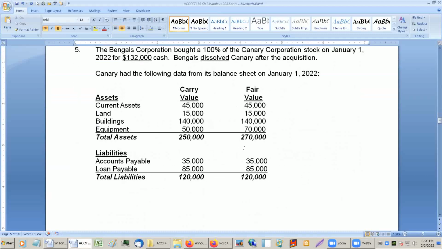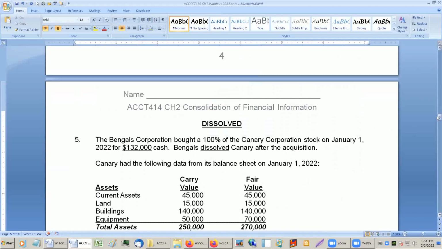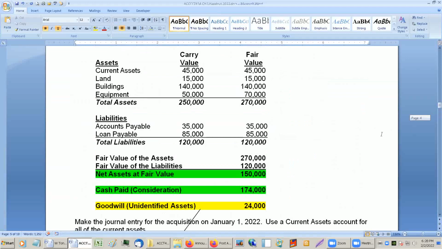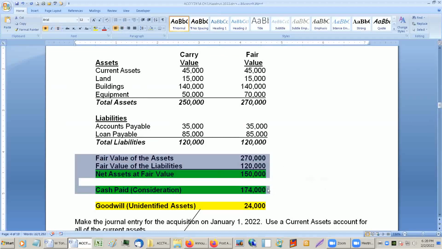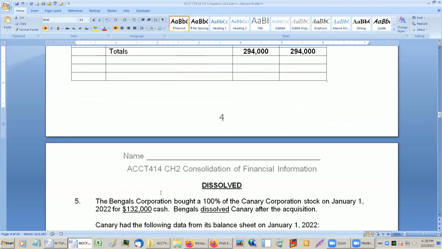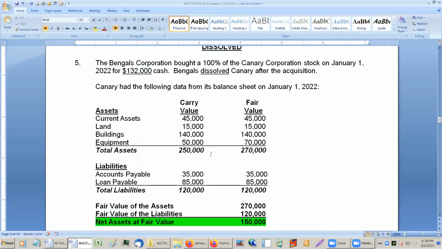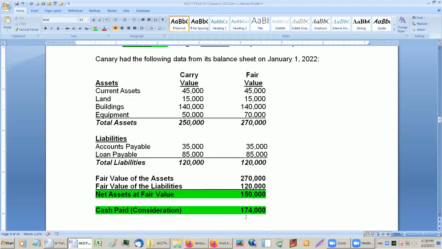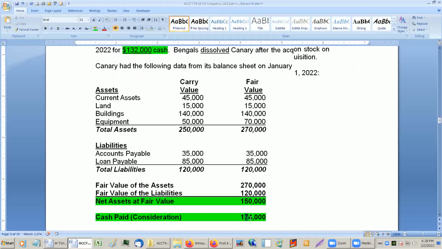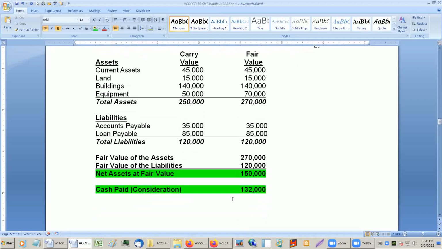Coming down here, everything's the same again, with the exception of, we're now paying less than the fair value.